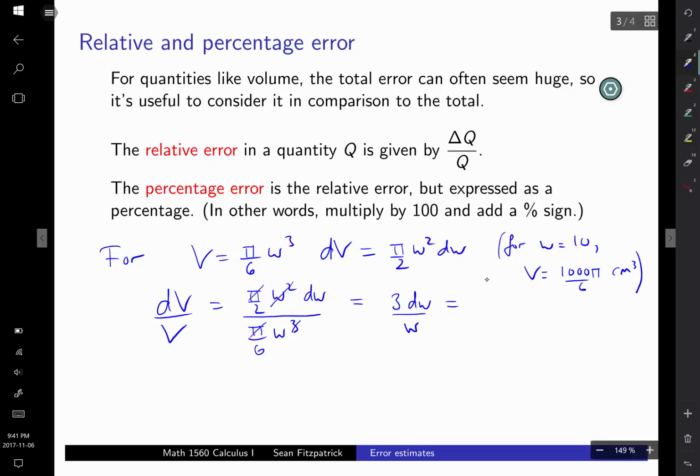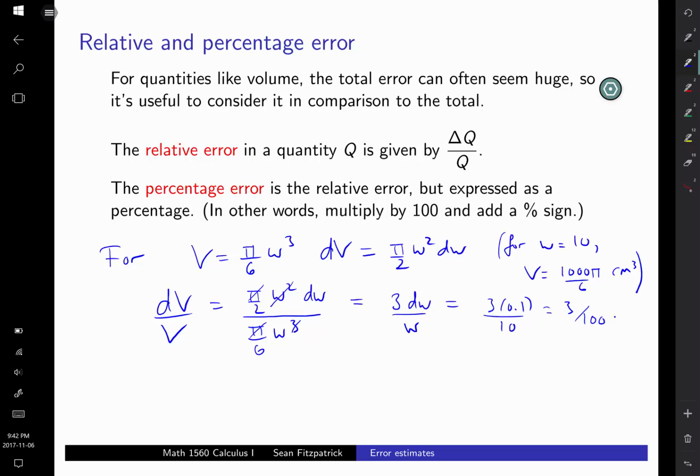That gives me 3 times 0.1 over 10, which is 3 over 100. And now that doesn't seem so bad, right? So the relative error here is 3 over 100.